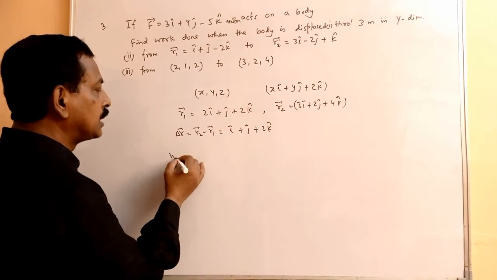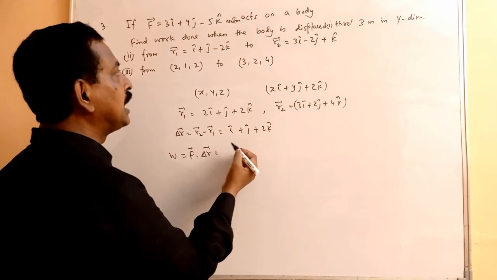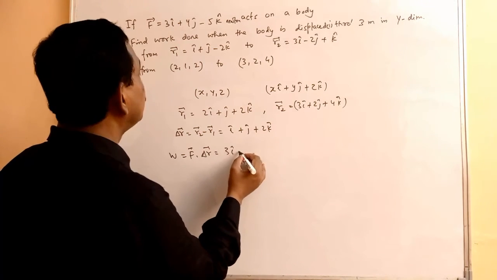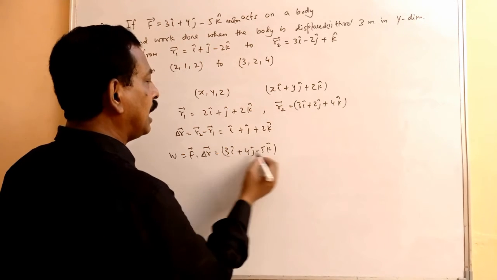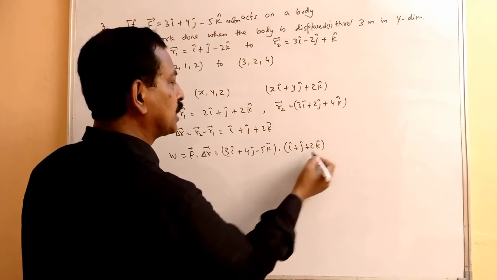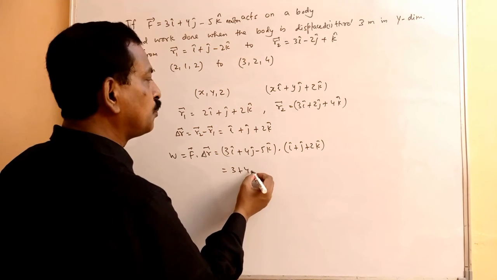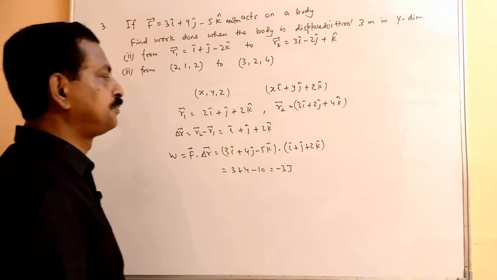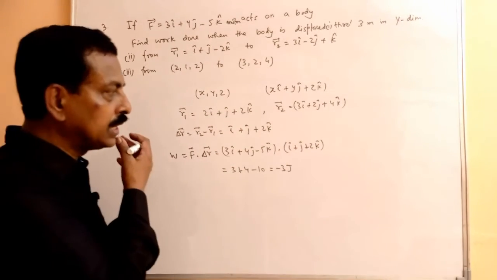And now work done, which is F dot delta R. So this will be F, which is 3i plus 4j minus 5k, and you are taking its dot product with i, j and 2k. So in that case, this will be 3 plus 4 minus 10, and that is minus 3 joule. So this is the expression for the work done.